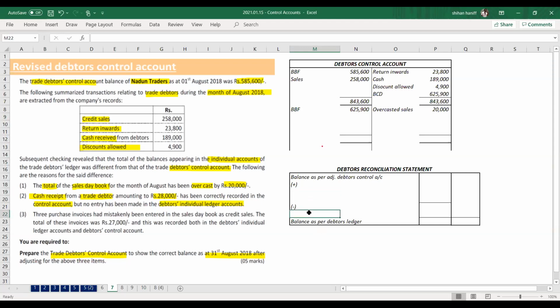Tell me whether it's a plus or minus. Yes, it is a plus, because it was deducted from the control account but not deducted in the individual account. So the individual account balance is more. More means we add.